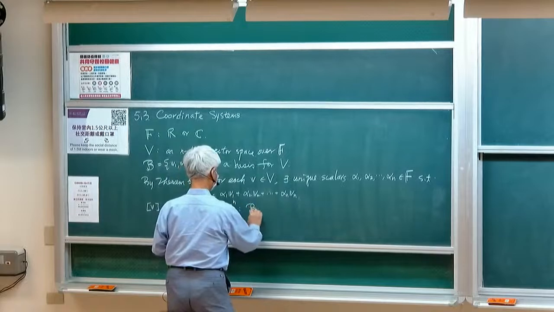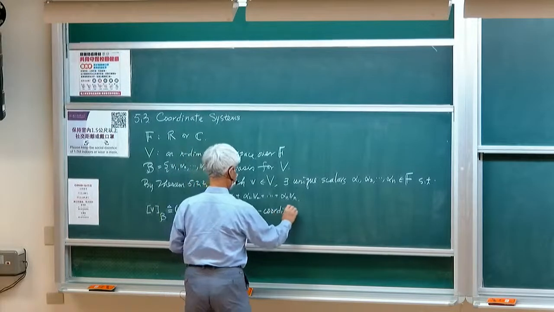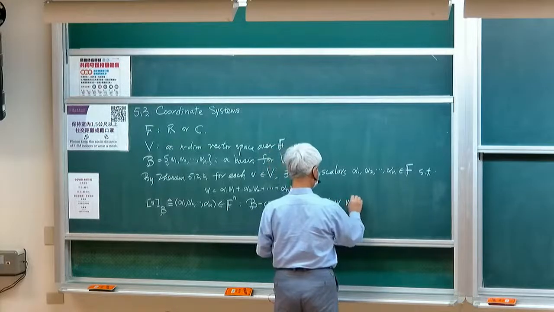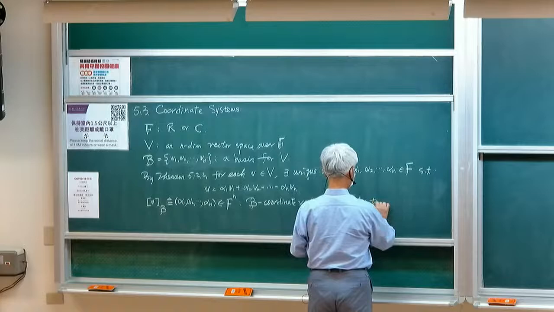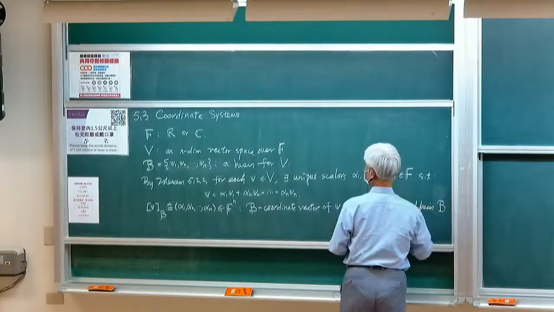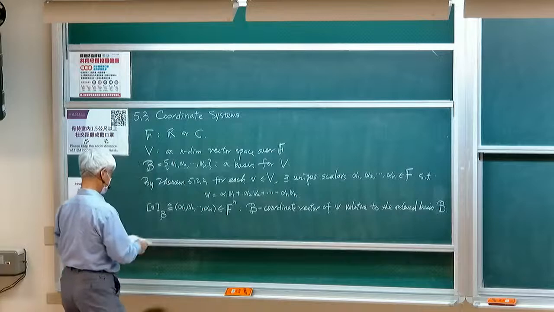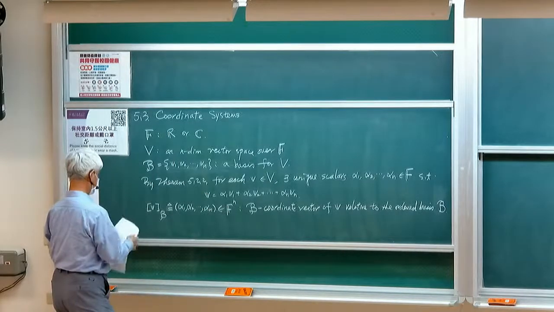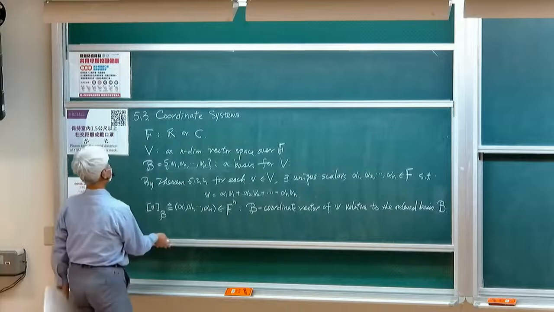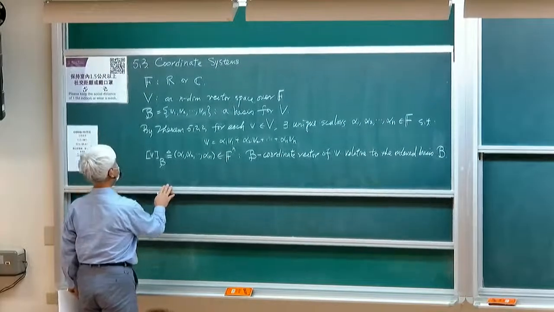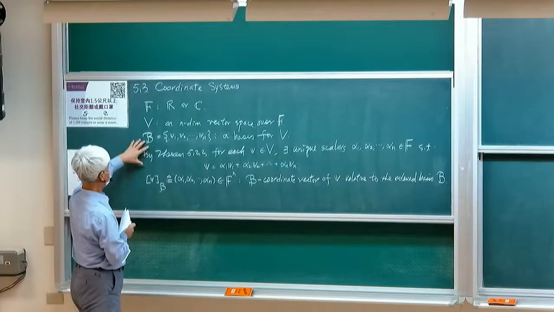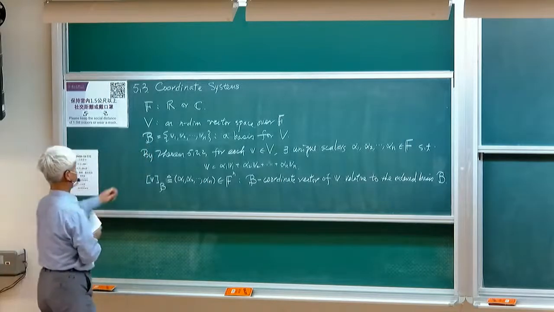And this is what we call the B coordinate vector of V relative to the ordered basis B. So with the basis B, we set up a coordinate system.